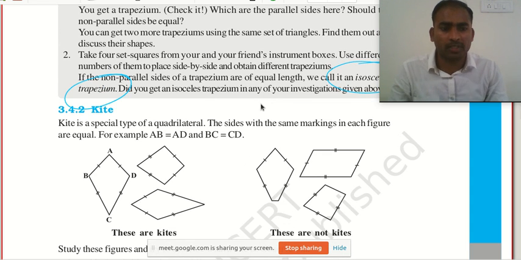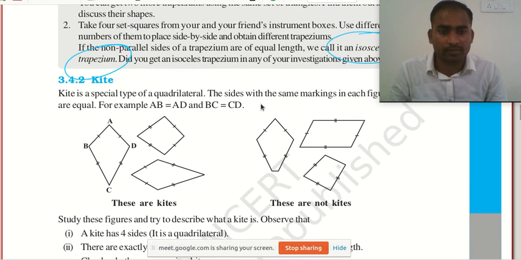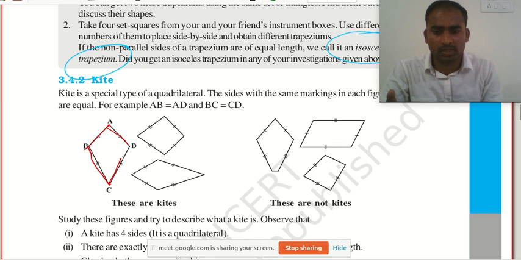Then we need to discuss one more type of quadrilateral, that is a kite. A kite is nothing but it will have two equal length line segments from the vertices. So if you take from this vertex to here and here, it is equal length. Then you can take from here to here. It has equal length line segments.